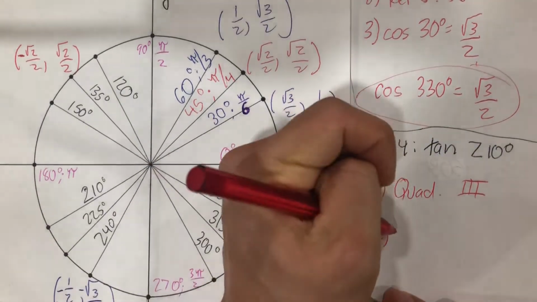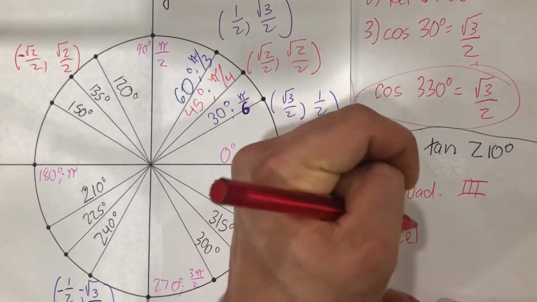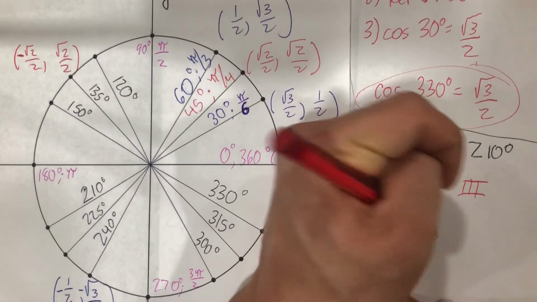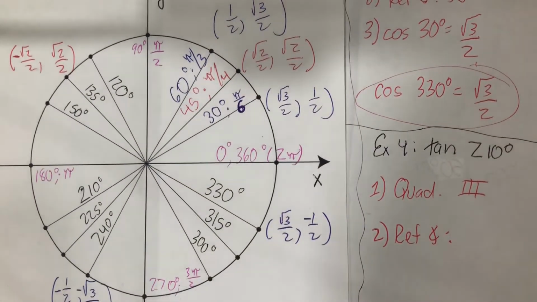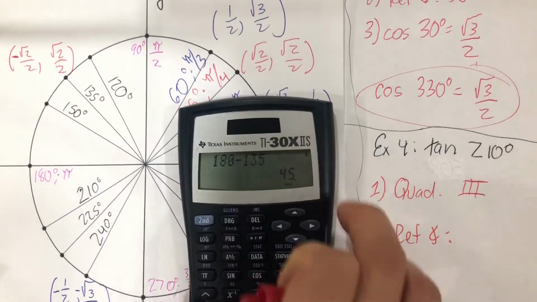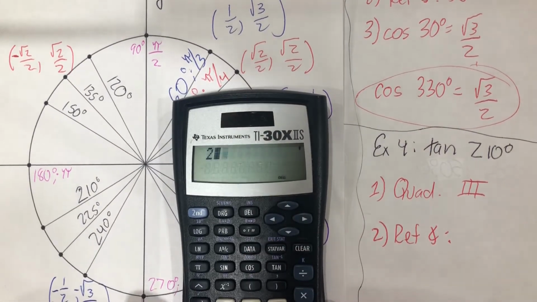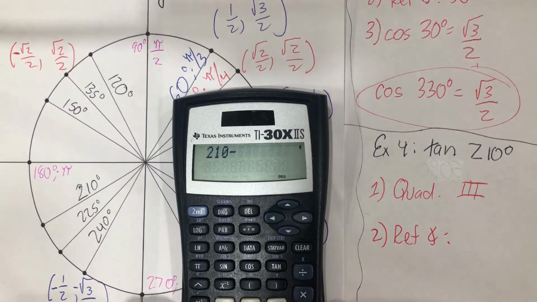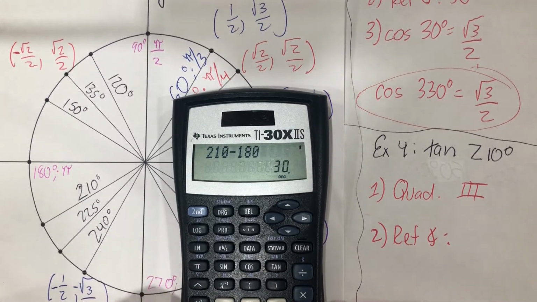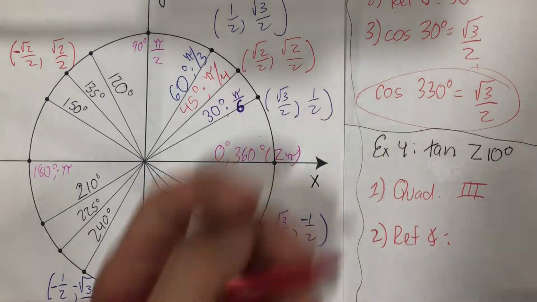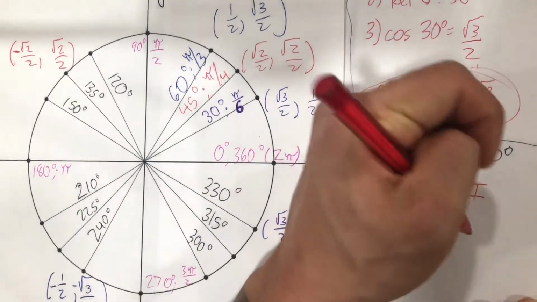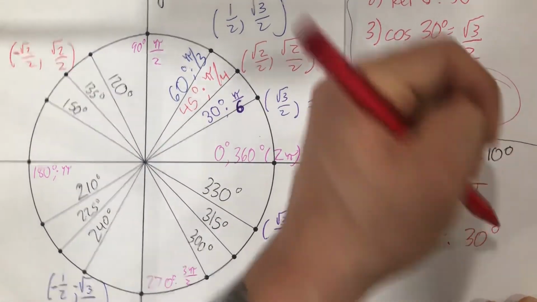Now my second question, I've got to figure out what is the reference angle of 210 degrees. So since we're in the third quadrant, I'm going to take 210 degrees and subtract 180, and I get 30 degrees. So my reference angle for 210 is 30 degrees.